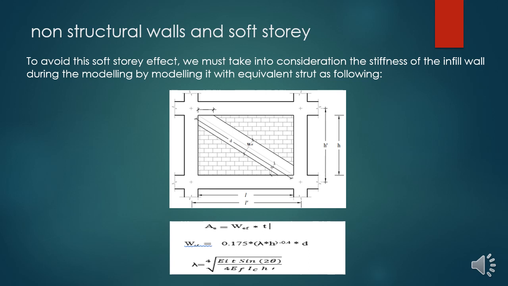The equivalent strut area is equal to the strut width multiplied by the thickness of the wall, and the strut width is equal to 0.175 multiplied by lambda times h to the power negative 0.4 times d, where lambda is a coefficient depending on the properties of the infill. We are only doing that to take into consideration the effect of the infill masonry.